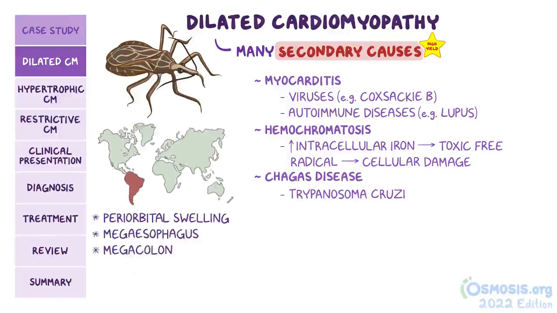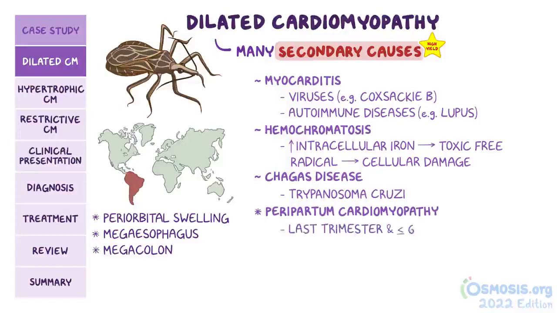Also, during pregnancy, the body demands more cardiac output. Sometimes, the heart fails to meet this high demand, and we get something called peripartum cardiomyopathy, which commonly occurs in the last trimester of pregnancy and up to 6 months after delivery.